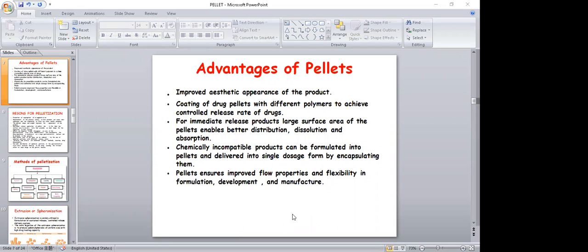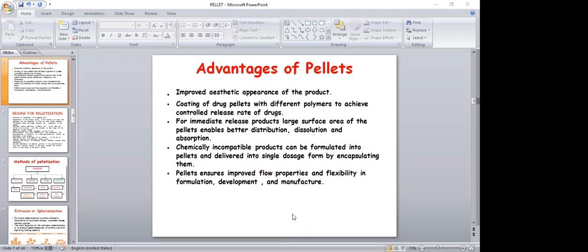So for immediate release products, we can go for the formation of pellets. Then, chemically incompatible products can also be formulated as pellets and delivered in a single dosage form by encapsulating them.